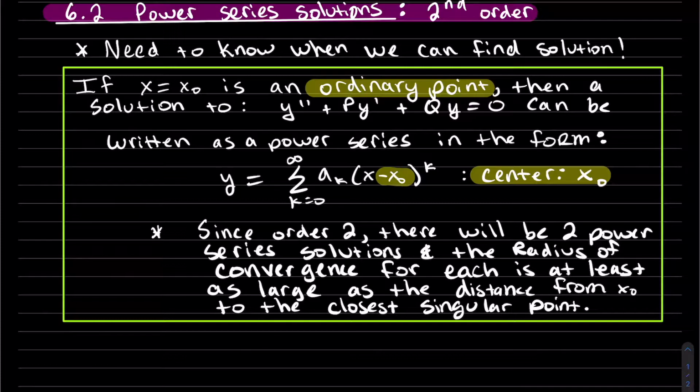What we'll see is there will be two constants, which will separate, and they'll form the two power series. And the radius of convergence of the series is at least as large as the distance from x naught to the closest singular point.